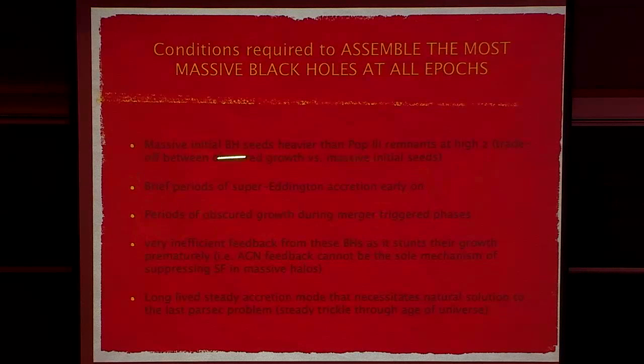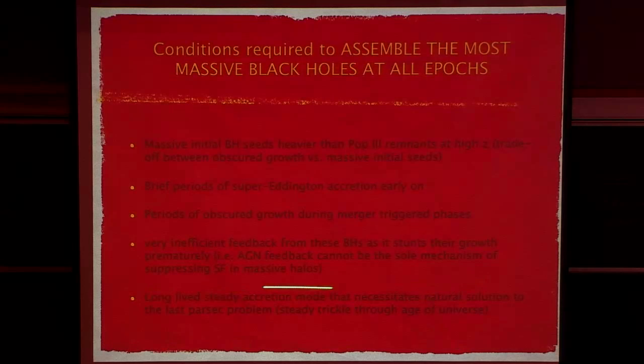Models also require brief periods of super-Eddington accretion very early on, and you probably have periods of obscured growth. These are features that every model requires as an ingredient. We have a lot of play, but these are things that you cannot get around.